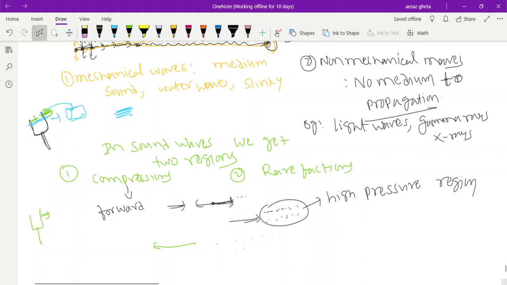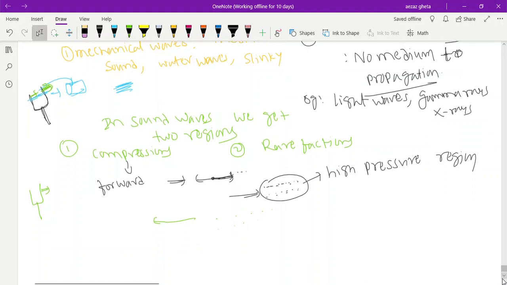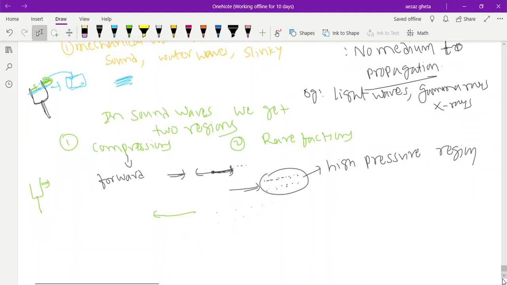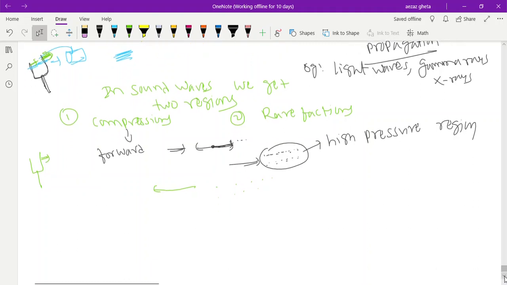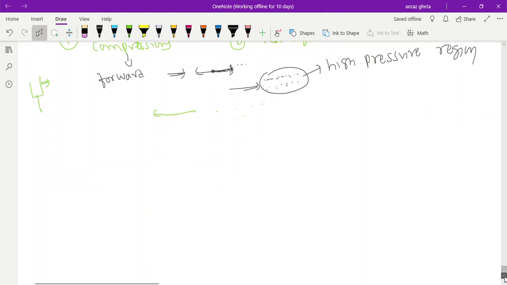Now, after this, let's see. You know that sound waves are mechanical waves, correct? So how can you prove that sound waves require a medium to travel? In lower classes we did the bell jar experiment.